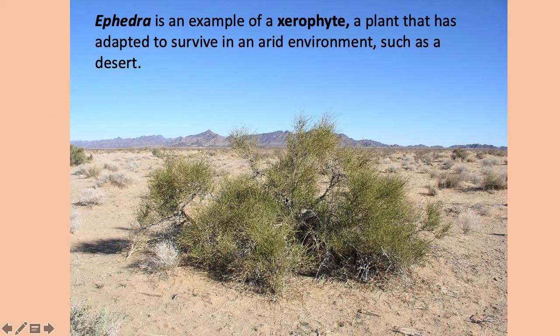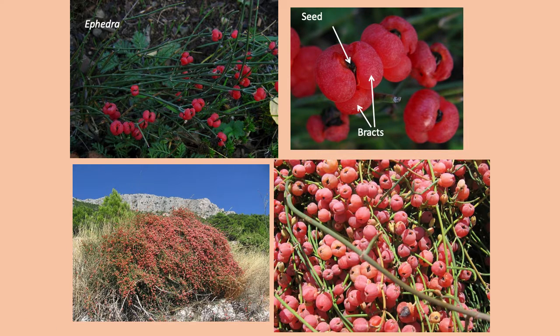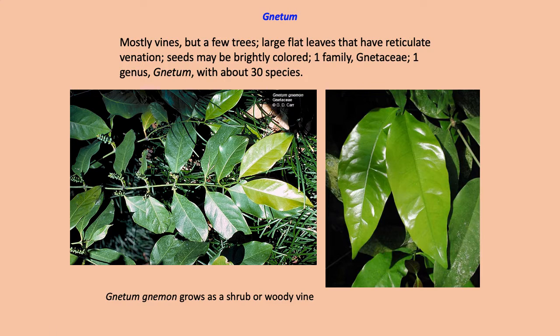But you find ephedra usually in desert arid conditions. So it's kind of like caffeine, like it just makes your heart race. Yes. So supposedly it increases your metabolism. Yeah. So it does produce a seed, and these are bracts. But in the stems you find the caffeine and the ephedrine.